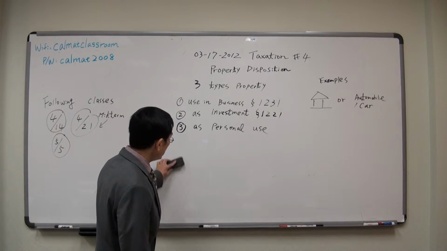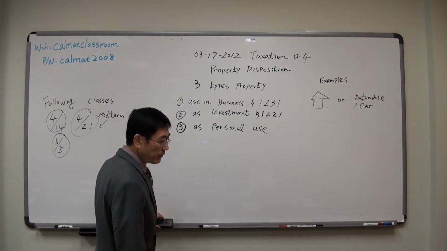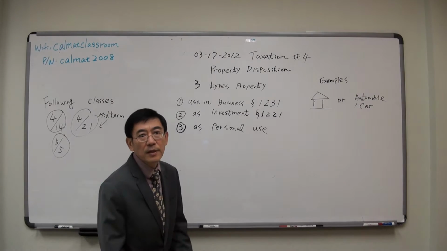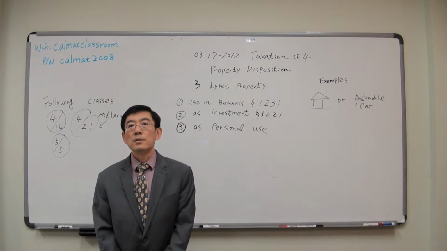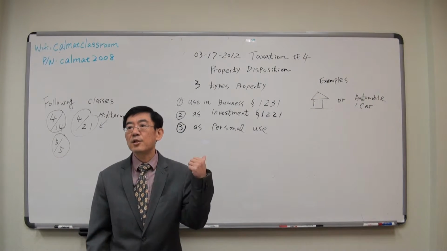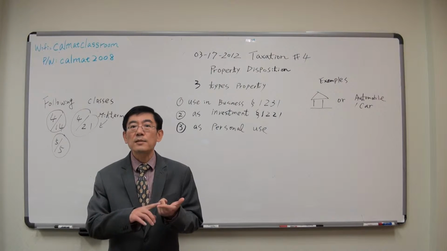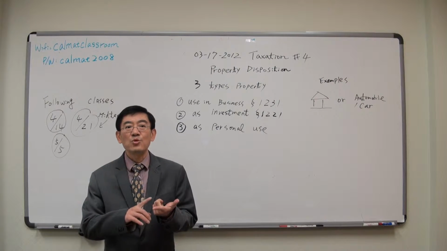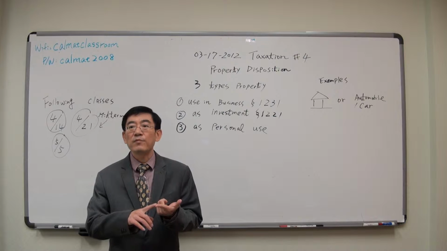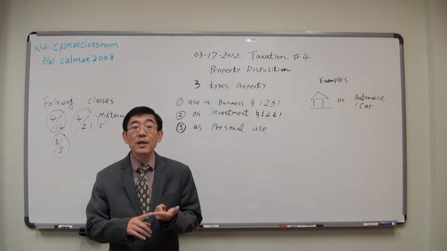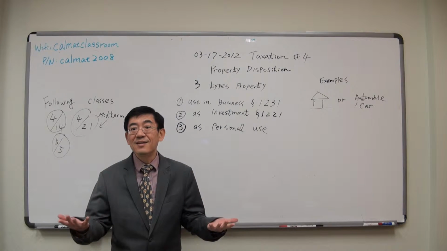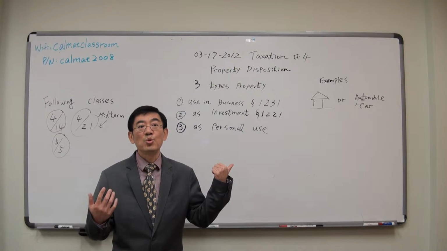So for chapter 7, chapter 8, for today, we will focus on the topic of property disposition. In order to have this kind of discussion, number one, you must have property, right? Measurable property. You must own the property. For example, if the property is one you lease, no such issue.